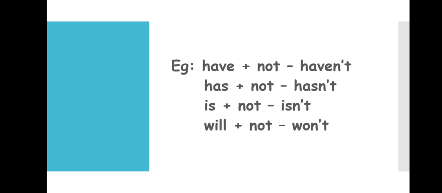Next word, has not. Has plus not is hasn't. It becomes one word. Is plus not is isn't. Will plus not is won't. So this is what happens when we deal with negative sentences.